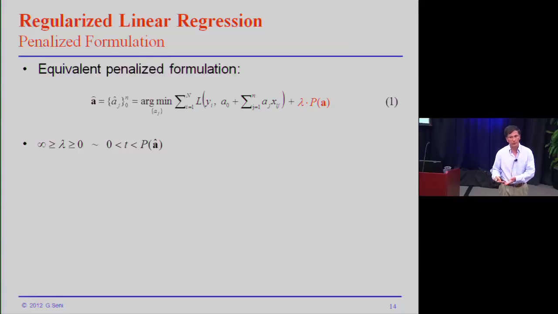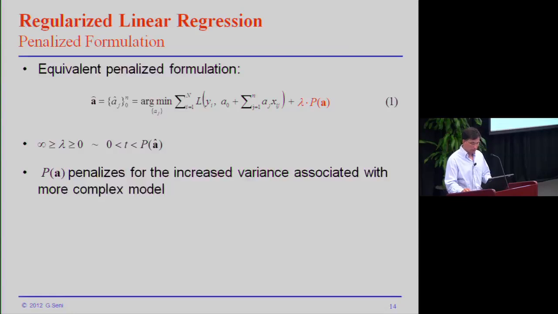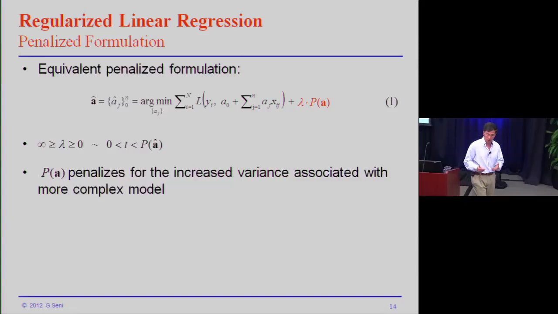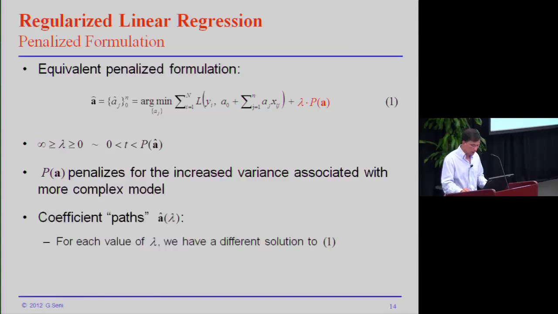When lambda is 0, the penalty plays no role. And so we say that the penalty penalizes the increased variance associated with more complex models. We know the more complex and flexible the model is, the more chances of overfitting. And so that's what this penalty is trying to do.